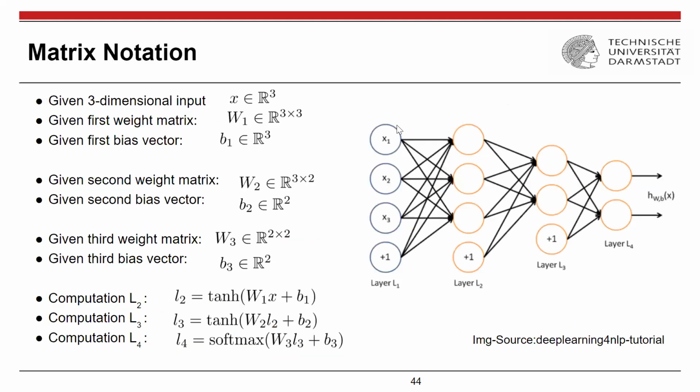Also, all the inputs are represented in terms of matrices. Here I have shown just one input, but technically you can have several data points in your training data. If you have 100 data points, then you will have 100 by 4 as your matrix of inputs, which need to be passed through this particular neural network. So a series of data points pass through the network at once, and it will give you the output.